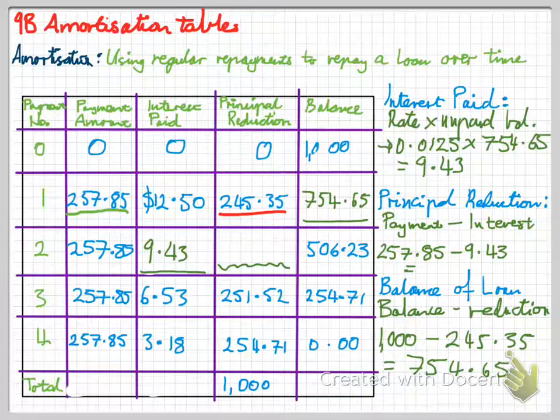So the amount that our principal is actually reduced by is $248.42. So we can go ahead and pop that in here.